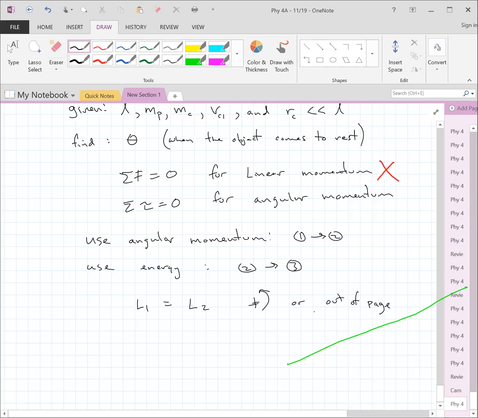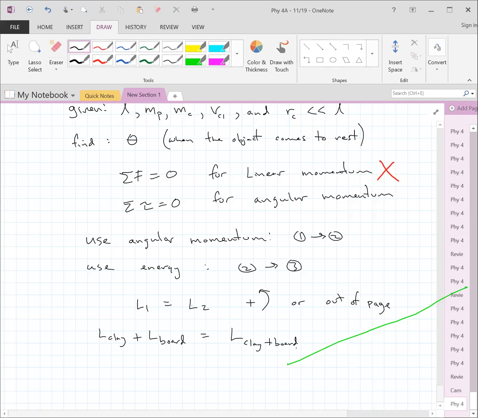Those are the same thing. So the angular momentum of the clay plus the angular momentum of the board initially has to equal the angular momentum of the clay plus the board at the end. They've stuck together, right? They are one.